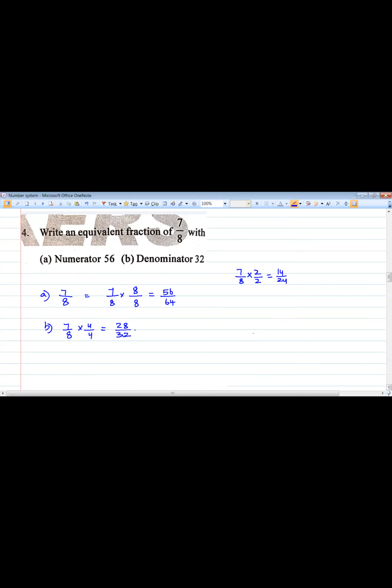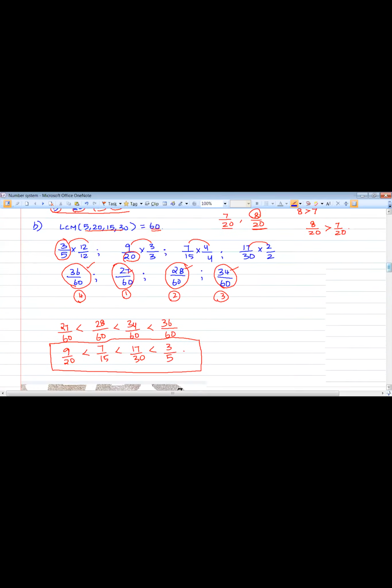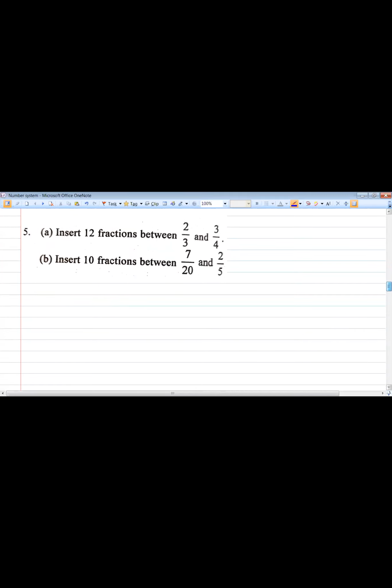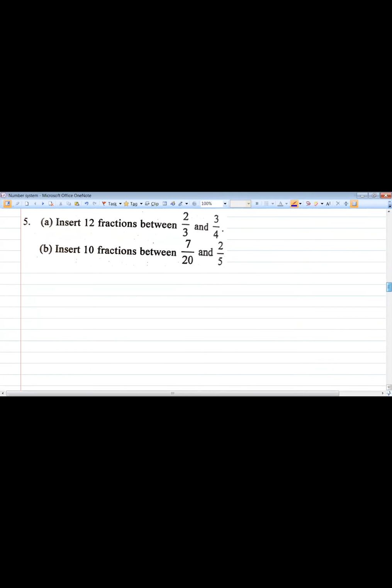Question number 5. Let's move to question number 5. Insert 12 fractions between 2 by 3 and 3 by 4.